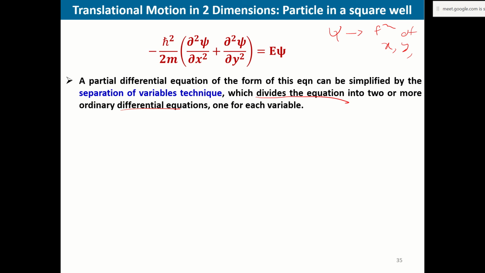We will try to find a function, capital X, which is only a function of x, and some function Y, which is a function of only y, such that psi(x,y) will be equal to X times Y. Our imagination takes us to imagine something like this, which, if we can do it, will be good for further understanding.